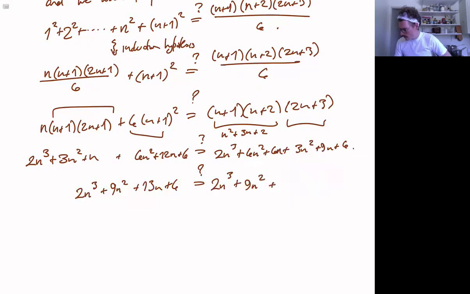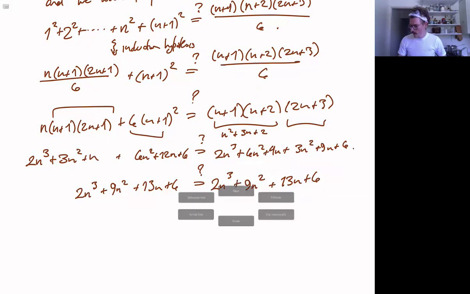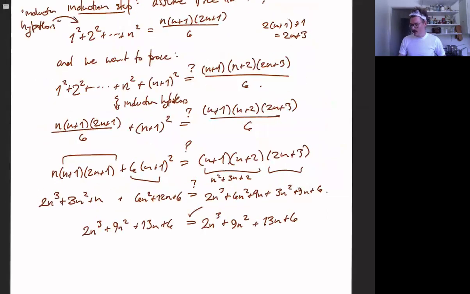I think it should be a 4. So I got this, oh, excuse my arithmetic errors. I got this by multiplying this and that. So it should be 4n. So now our math is working out. We are getting 13n plus 6. And we see that they are indeed equal, which completes the induction step.